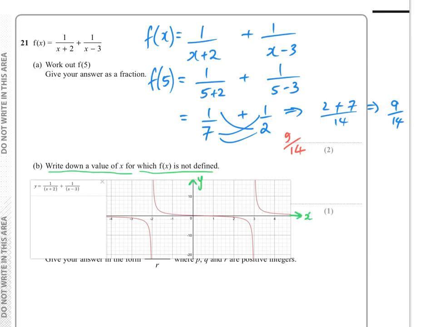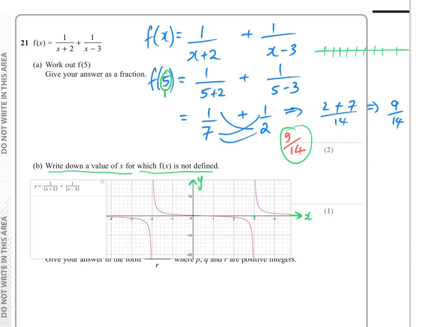Basically, to not be defined means that if I take a value of x, i.e. my domain, what goes into the function, just like 5 here, if I find a number that doesn't give me an outcome, i.e. a range value... when 5 went in, look, something nice came out, something on the number line. Okay? Whereas in this case, if I put 3 in here, then nothing's going to come out. It's going to be undefined.